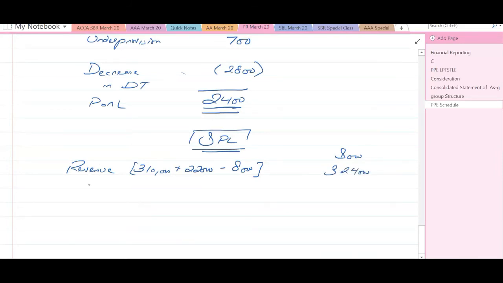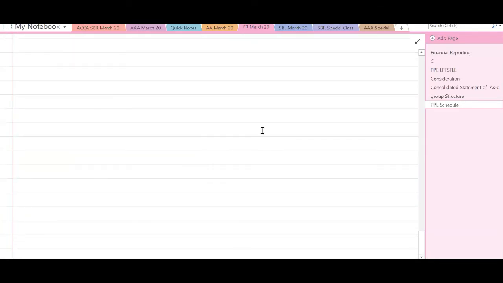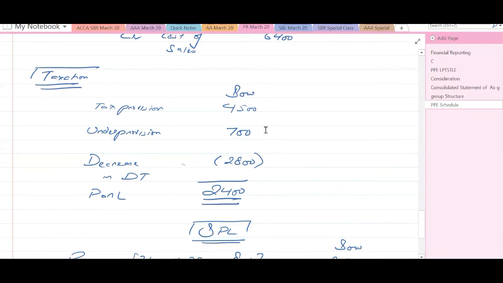Then you have the cost of sales. It's better to do a working for the cost of sales. Let's do it over here. Cost of sales, as per trial balance.